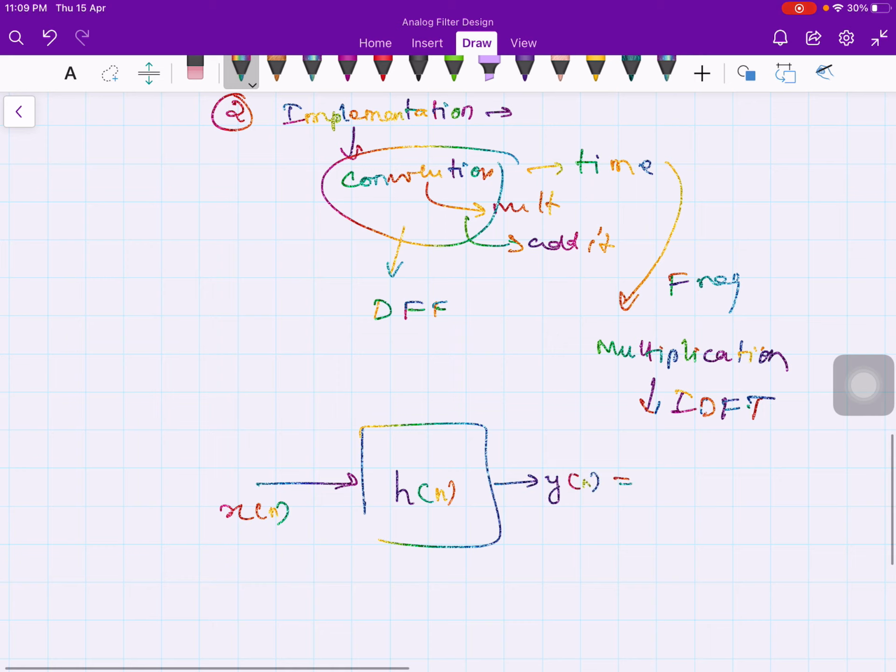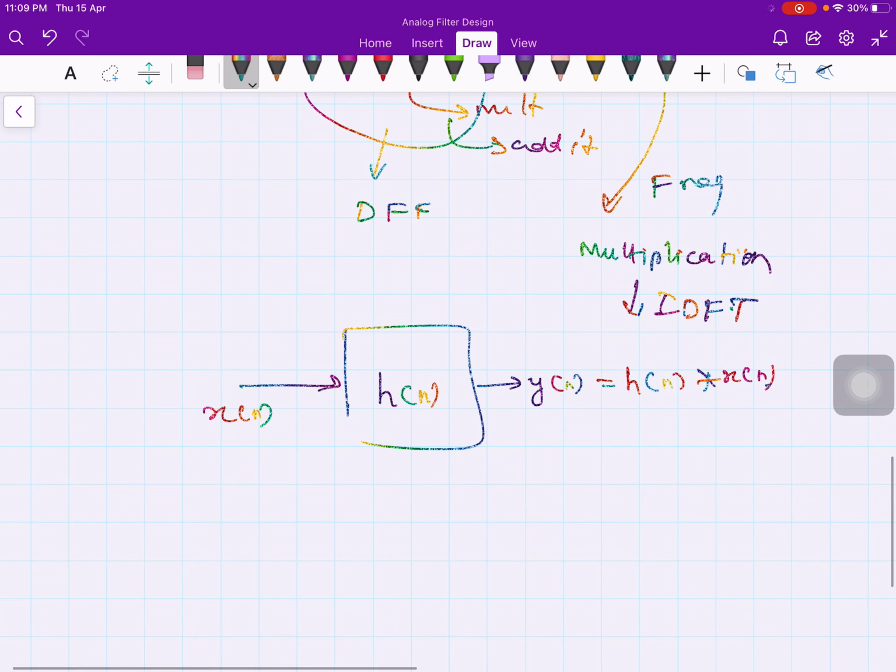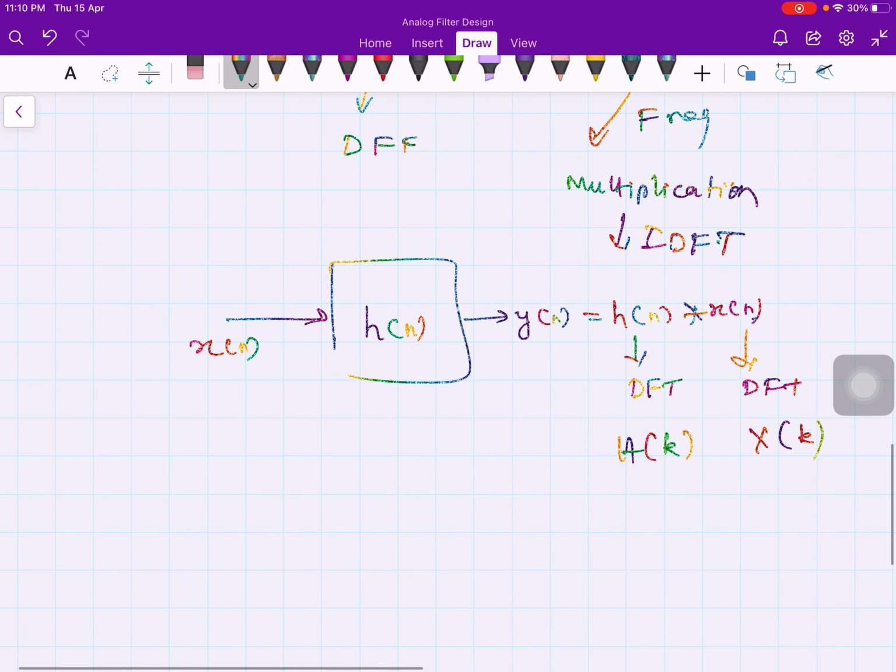What is y of n? Y of n is equal to h of n convolved with the x of n. So if you want to convolve x of n and h of n, you take DFT of h of n and DFT of x of n. You will get H of k and here X of k. Then multiply these two guys and then take IDFT.